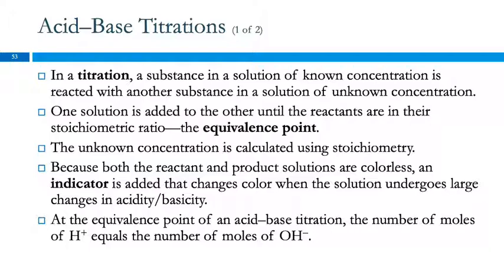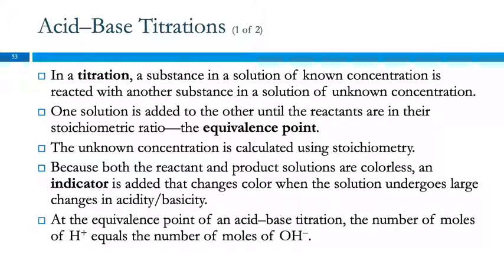So you might wonder, well, how do I know when I've added enough? So I've got an acid and a base, and maybe I'm adding base to the acid. How do I know when I've added just enough to react with all of the acid? Well, the simplest way is to use an indicator. Indicators are compounds, typically organic compounds, that change color at different pHs.